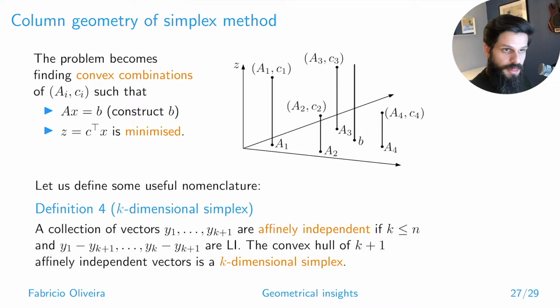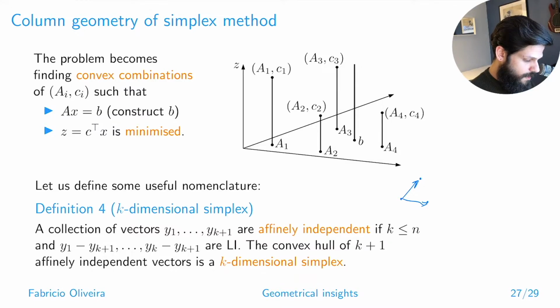So think in R2, okay? In R2, if I have k linearly independent vectors, it means that I have k plus 1 affinely independent points.